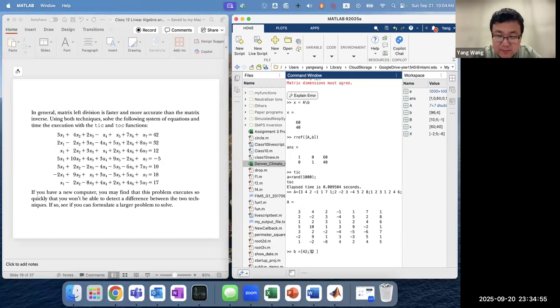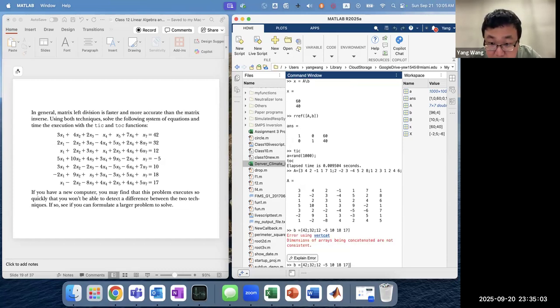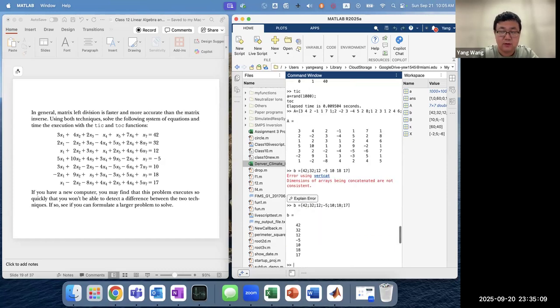Okay, they need to be a single column. Always forget about the semicolon here. Okay, so this is our matrix, and this is the result on the right-hand side, right?